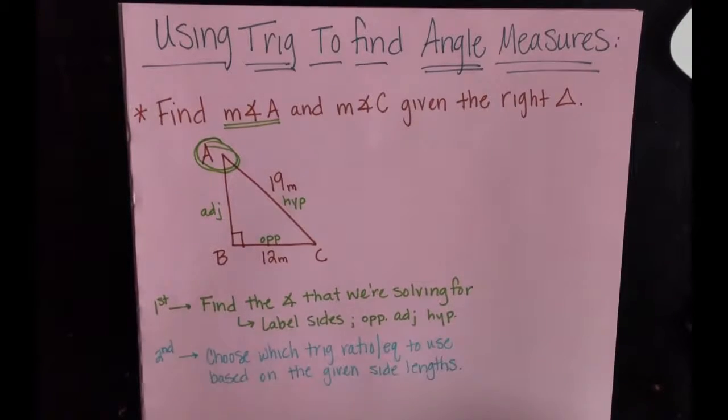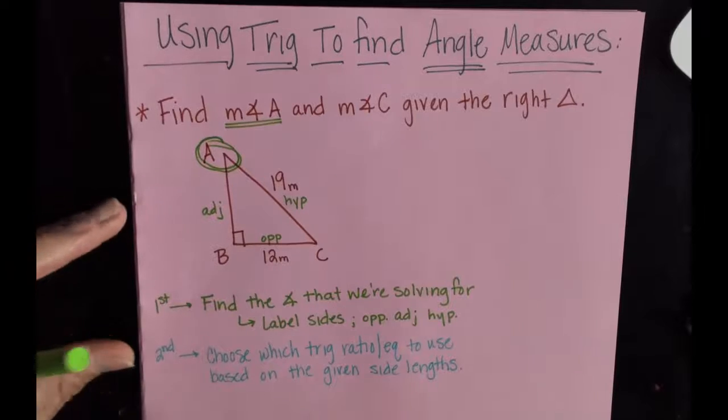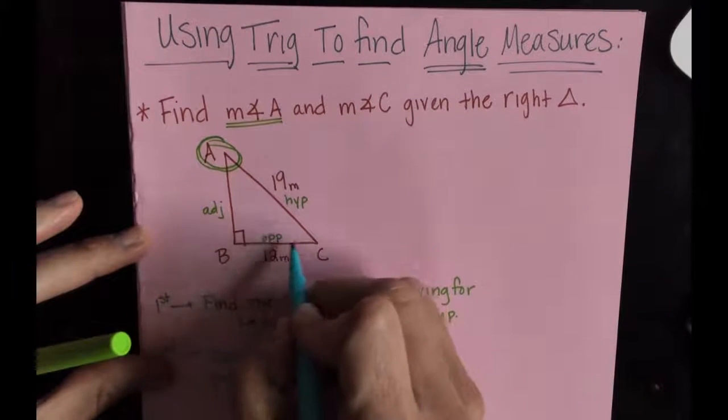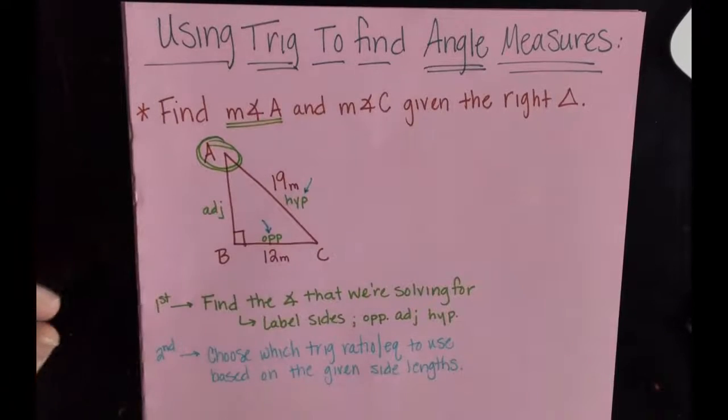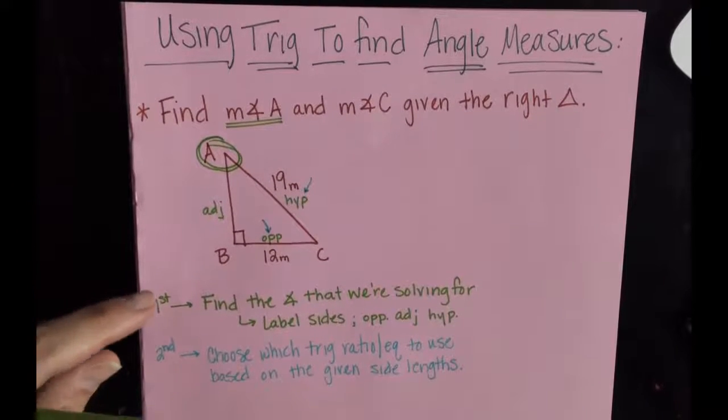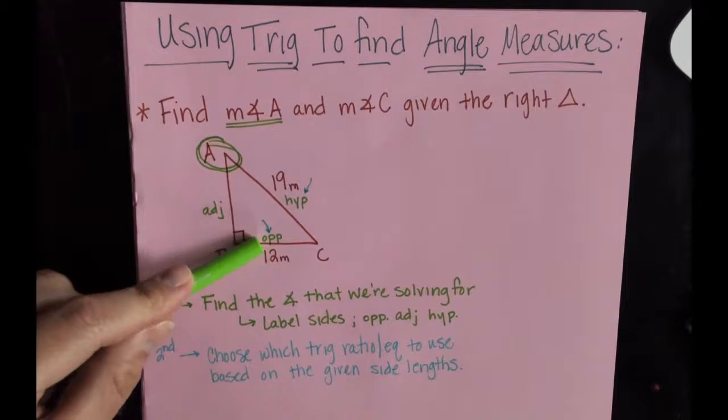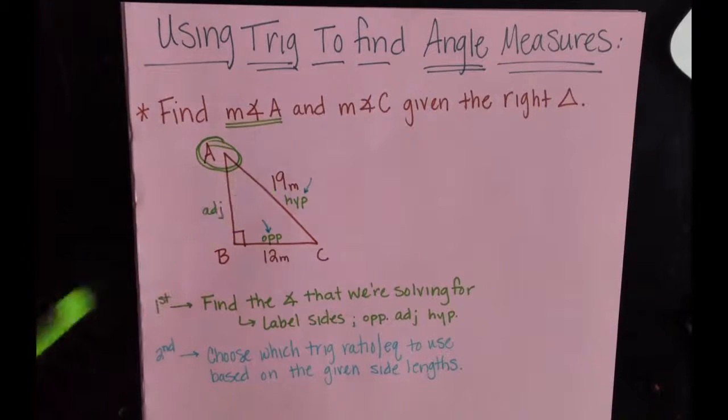Where before you were asking, how do I know which ones to choose? Well, what did they give you and what were they asking for? Now it's not what are they asking for. In both cases, they're giving us exactly what we need. And specifically here, they're giving us opposite and hypotenuse.